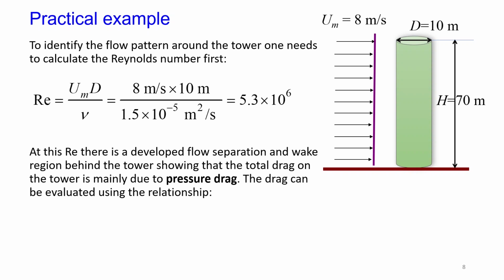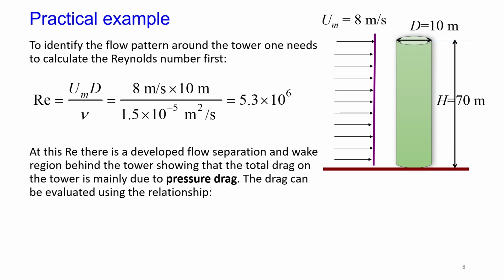This is a very high Reynolds number, and for it there is developed flow separation and a very well developed wake region behind the tower. This shows that the total drag on the tower is mainly due to pressure drag, and the viscous or skin friction drag is negligible.